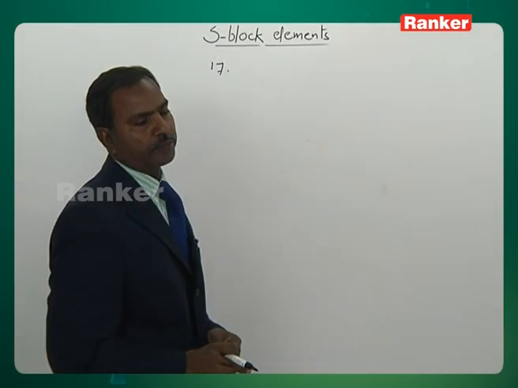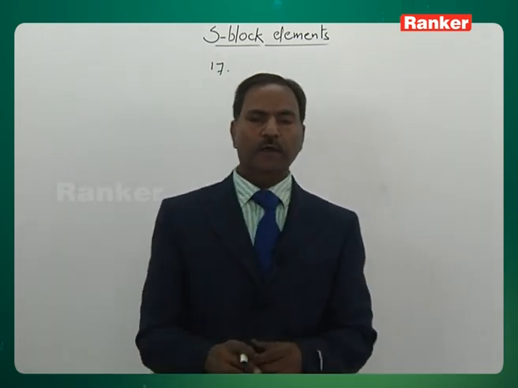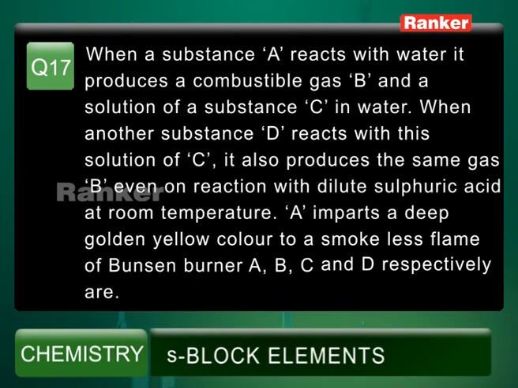Question number 17. Clearly read the question and check what is the actual concept in that. When a substance A reacts with water, it produces a combustible gas B, and a solution of substance C you are getting in water.